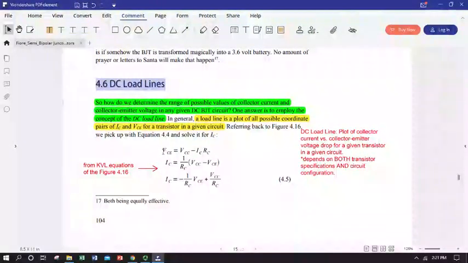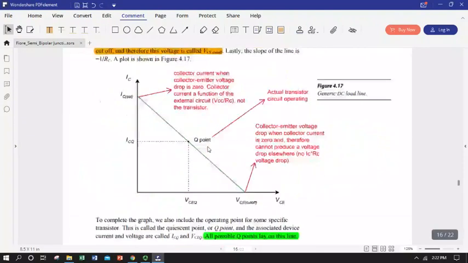So it's a plot, literally, of collector current versus collector emitter voltage drop, but it takes into account everything in the circuit, all of our supply voltages, our resistors, everything operating on the transistor and the external circuit, and it ends up being a straight line rather than those characteristic plots.